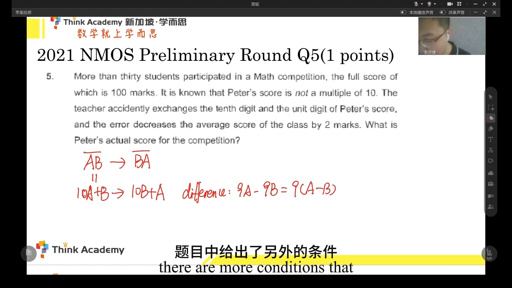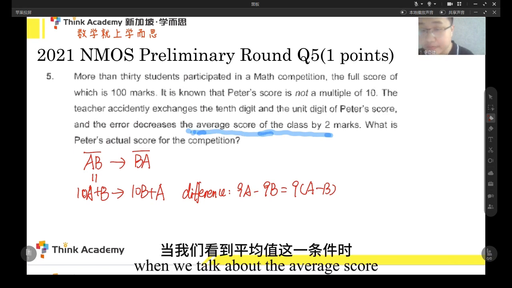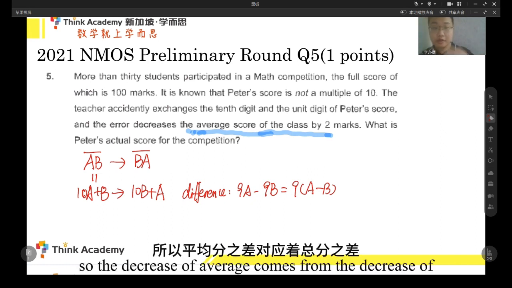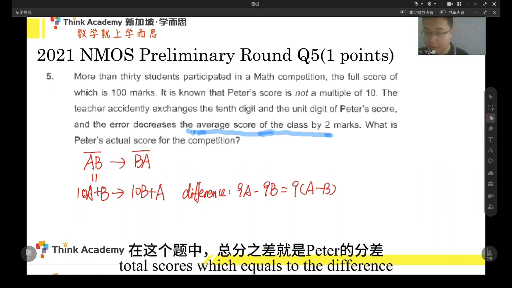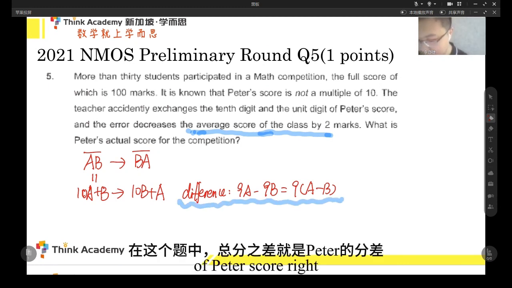There is more information: the average score of the class is decreased by 2. When we see the average, you should also remember the average comes from the total. So the decrease of the average comes from the decrease of the total score, which equals the difference of Peter's score, right?